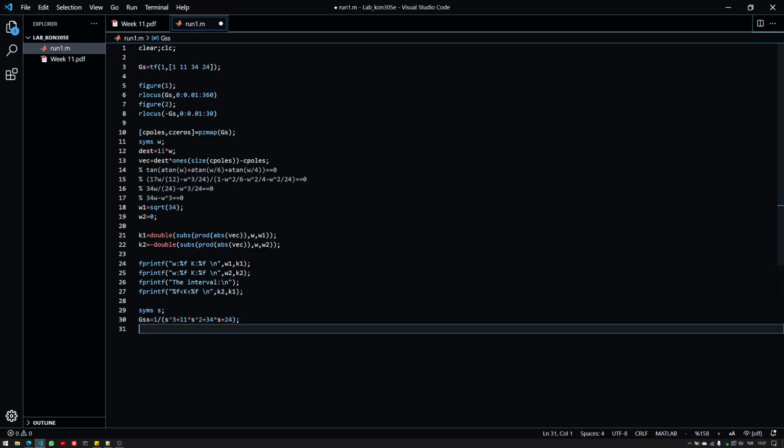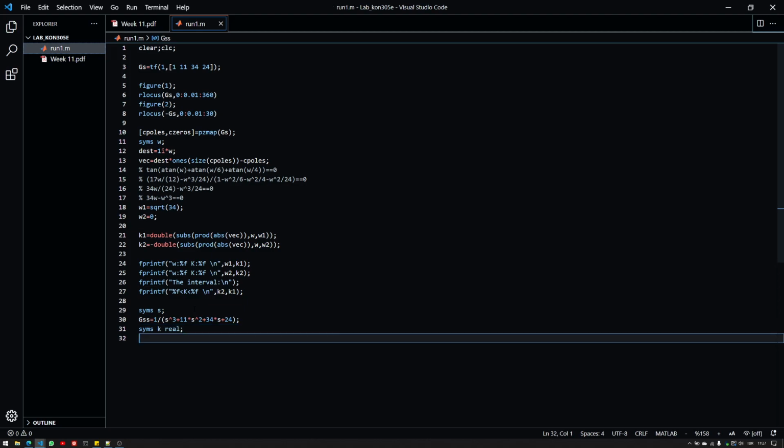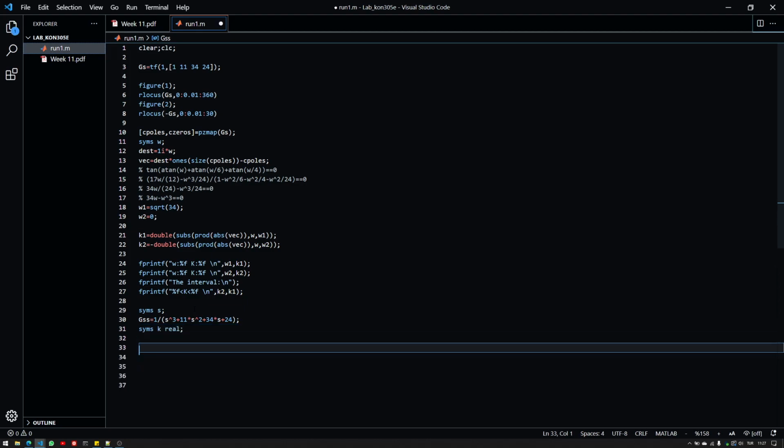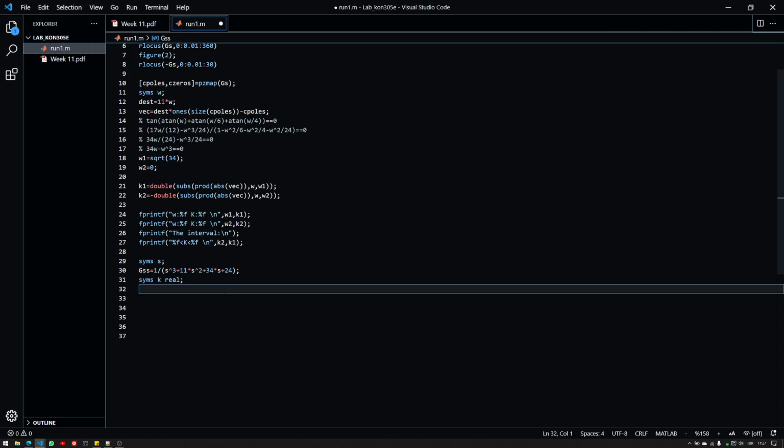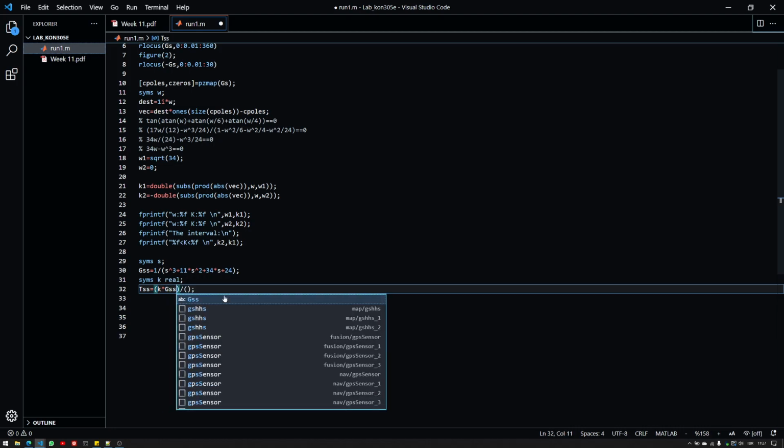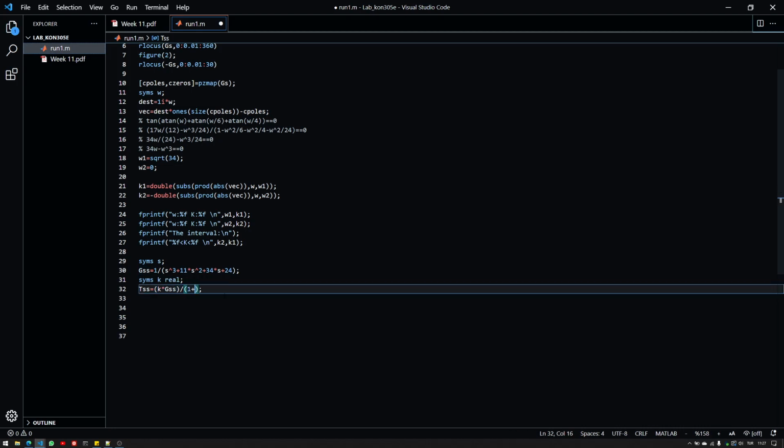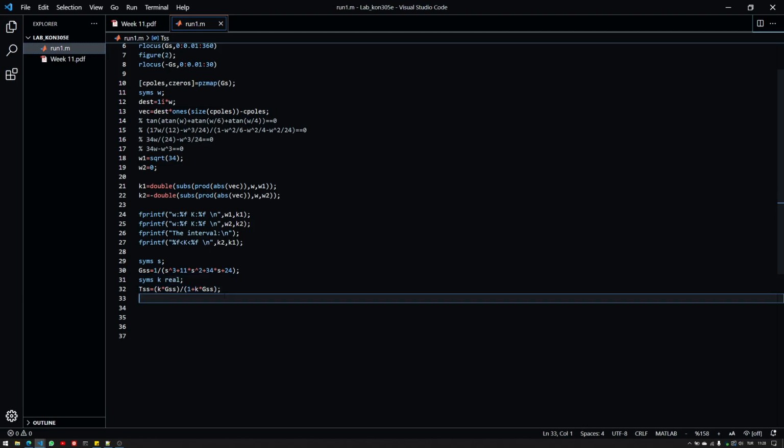Now, if you have this, and you know that you are looking for a k value, we can calculate the closed loop as follows. K times G(s) divided by 1 plus K times G(s).